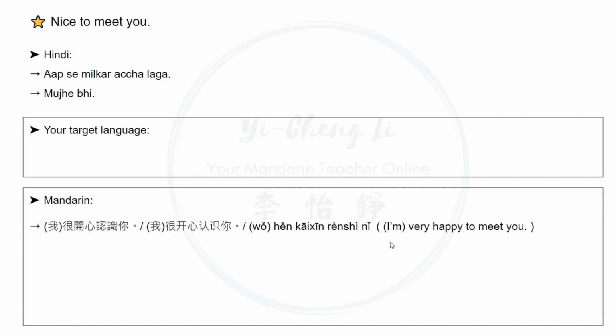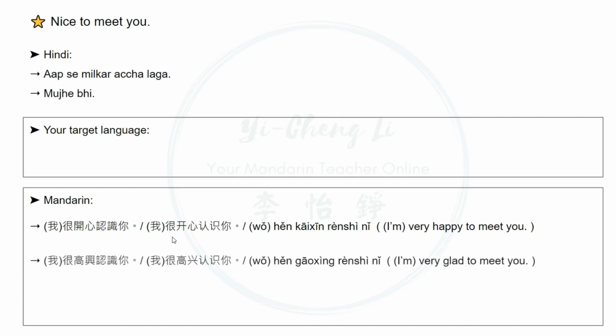You can find materials out there on the internet that teach another one, which is using 我很高兴认识你。我很高兴认识你。So 高兴 is kind of like delightful, happy, glad as well.